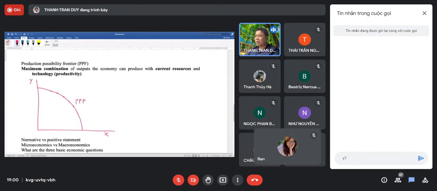However, if any point, let's say F, is inside the curve, what do we call it? Inside means we are not efficient. Why do we say this is not efficient?